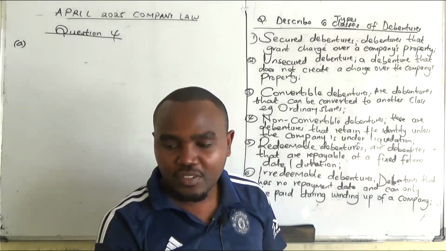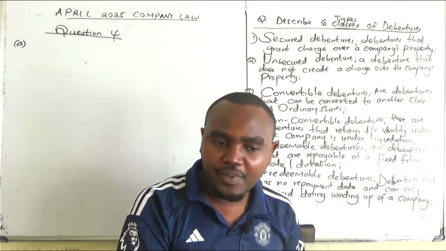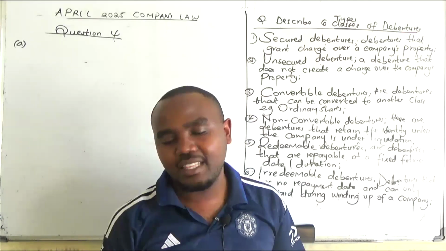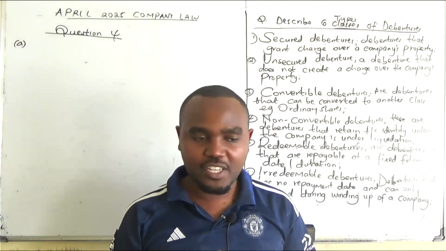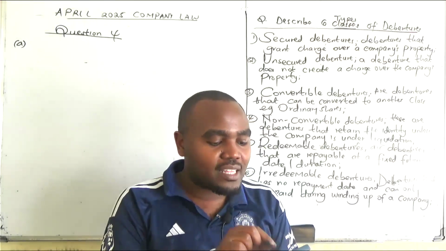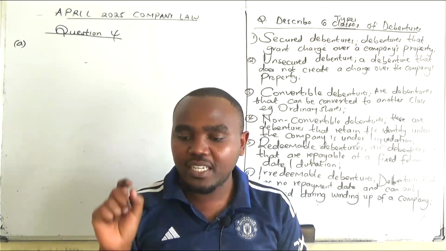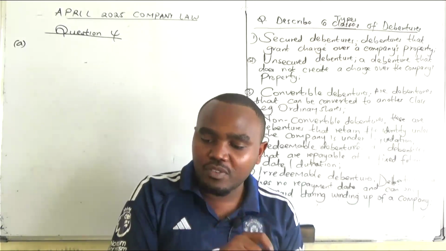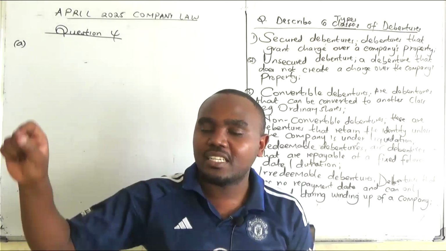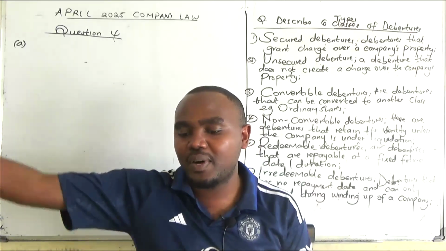The ordinary resolution requires a simple majority. Resolutions requiring special notice require at least 28 days. That is the only thing you're being tested on there. Explain two ways in which the type of resolution affects its approval requirement. So you'll tell us which type of resolution, ordinary resolution, and its approval requirement: it requires a simple majority of at least 50 plus 1.